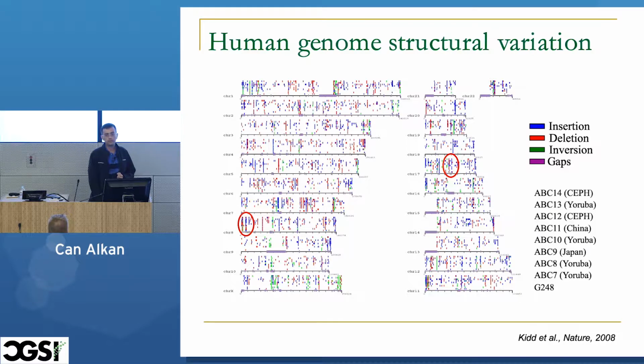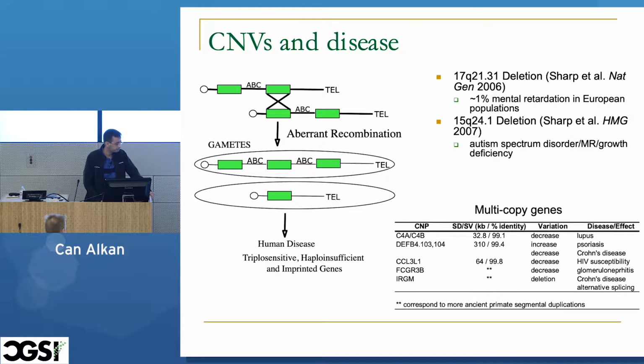They are rare, 20,000 per genome, but they are collectively common. They could be anywhere in the genome. And they actually affect more than 20 million base pairs per human. So the SNPs affect 3.5 million total on the average per human, and structural variants affect 20 million.